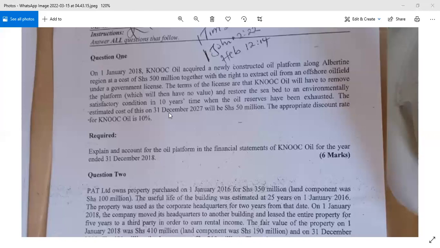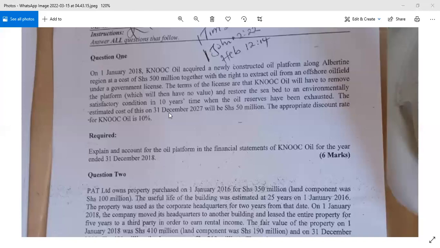Then, even when production starts and the entire oil gets done, the company has a task to remove their machines and take them away, and also restore the land the way it was before. Now, estimated cost, because clearing the land is an activity in the future.